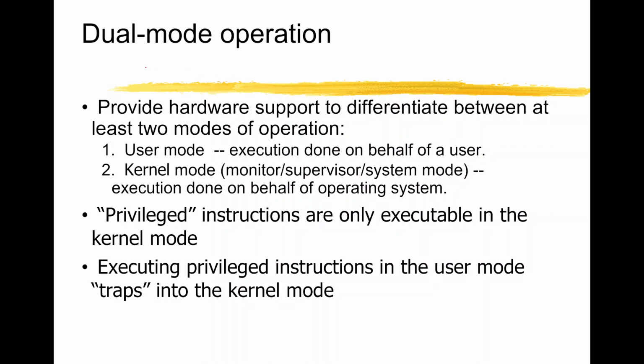One is using the dual mode operation, as we said earlier. The dual mode operation provides hardware support to differentiate between at least two modes of operation. One is the user mode, and one is the kernel mode. In the user mode, the execution is done on behalf of the user.